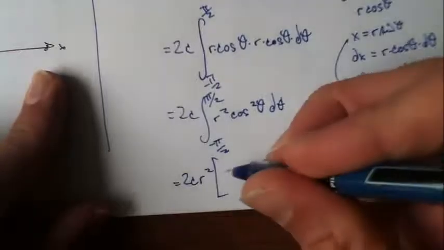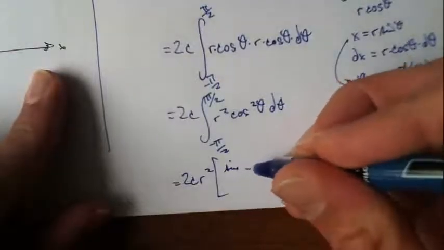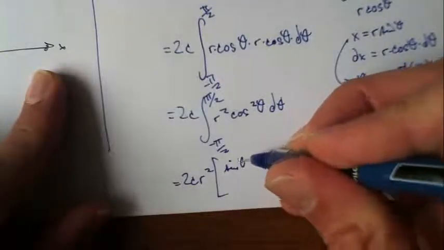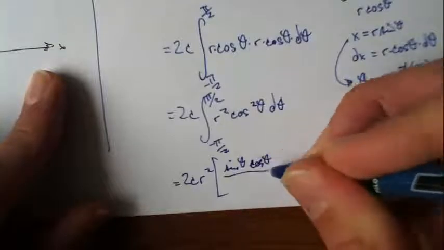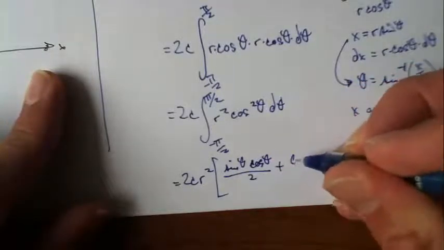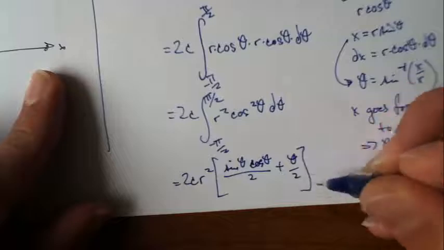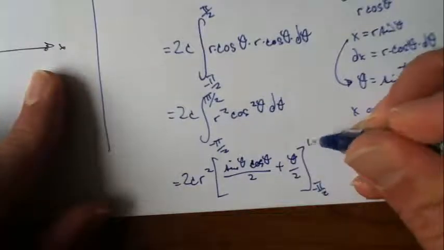Let's see, if you remember from your trig part of your calculus class, it's going to be sine theta times cosine theta all over 2 plus theta over 2, and that's going to go from negative pi over 2 to pi over 2.